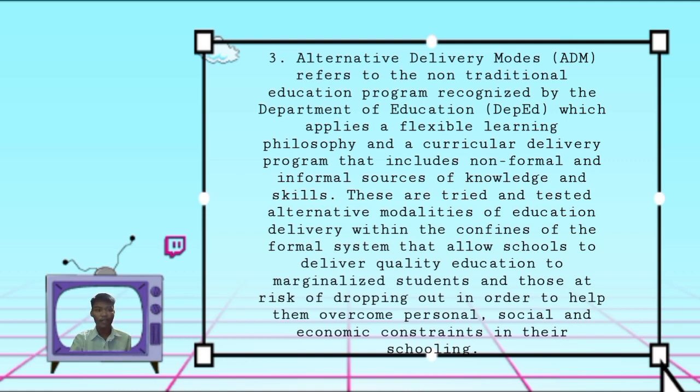These are tried and tested alternative modalities of education delivery within the confines of the formal system that allow schools to deliver quality education to marginalized students and those at risk of dropping out, in order to help them overcome personal, social, and economic constraints in their schooling.